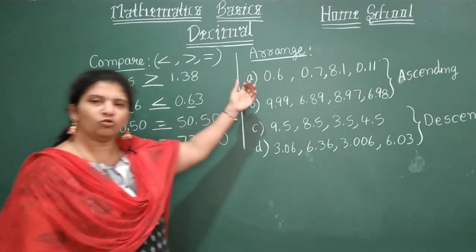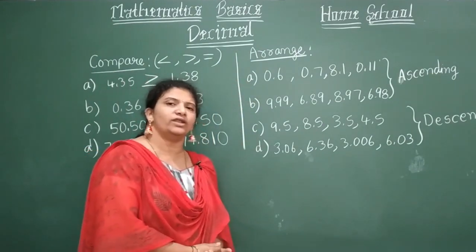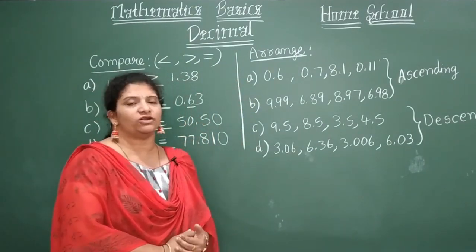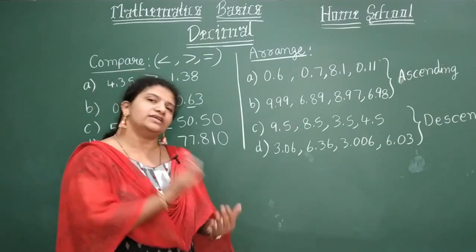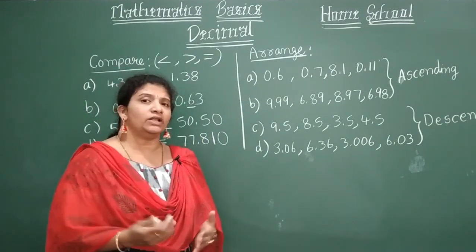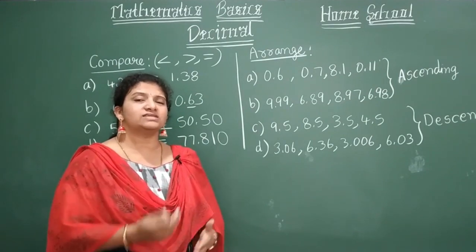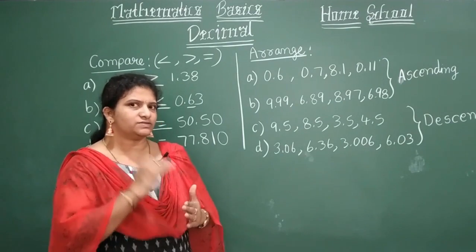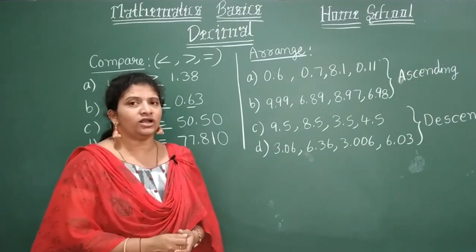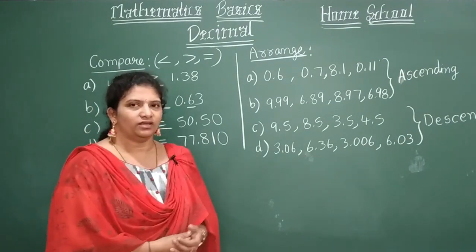Now quickly move on to arrangement of the numbers. Arrangement of decimals either in ascending order or descending order. Children, you know, right? What is ascending order and what is descending order? Ascending order, small to big. Descending order, big to small, right?